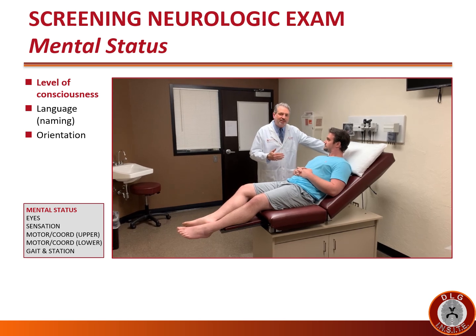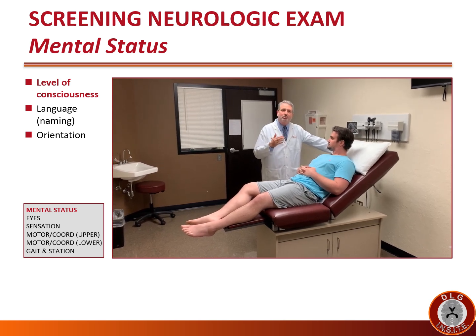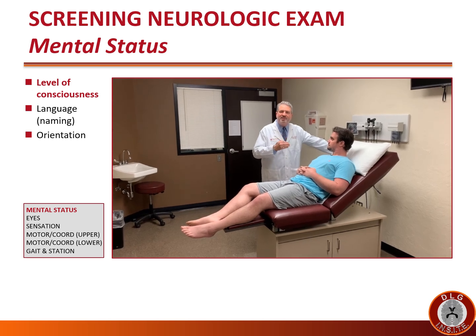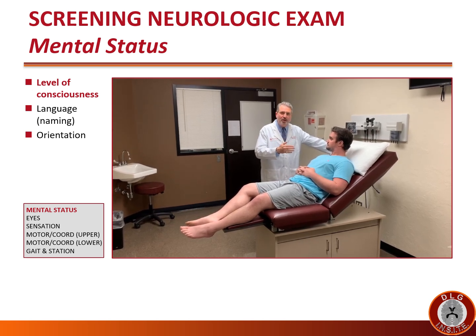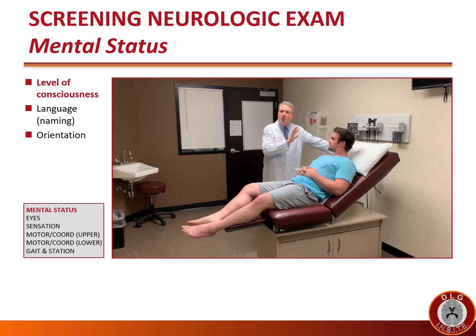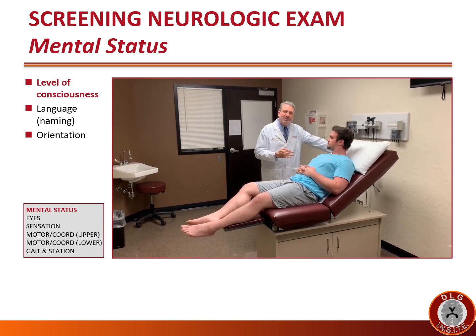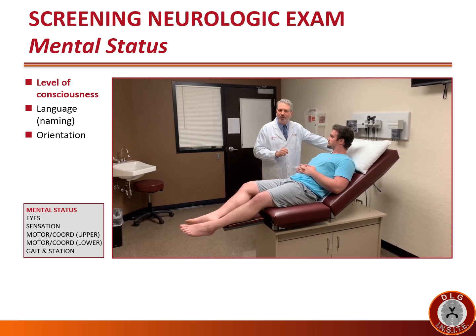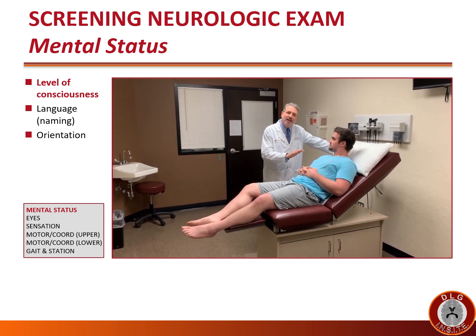Decreased consciousness can be described in different ways. The best way is to use regular language, not medical language. Simply say what is the stimulus that aroused the patient. Awake and alert and attentive is normal. If he were slightly drowsy or sleepy, we might say he has eyes closed, aroused to verbal stimuli, or aroused to tactile stimuli.